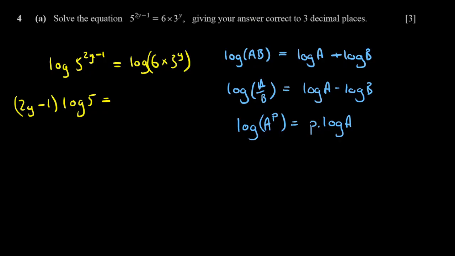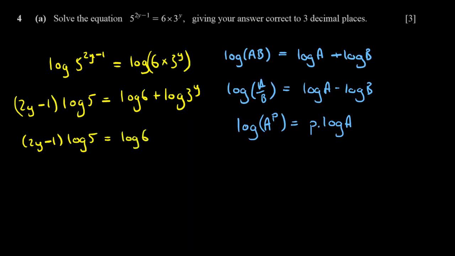So I'm going to write this as log 6 plus log 3 to the power of y. Again, I can use log rule 3 and bring that power of y down to the front. So if I rewrite this, I get 2y minus 1 times log 5 is equal to log 6 plus y times log 3.